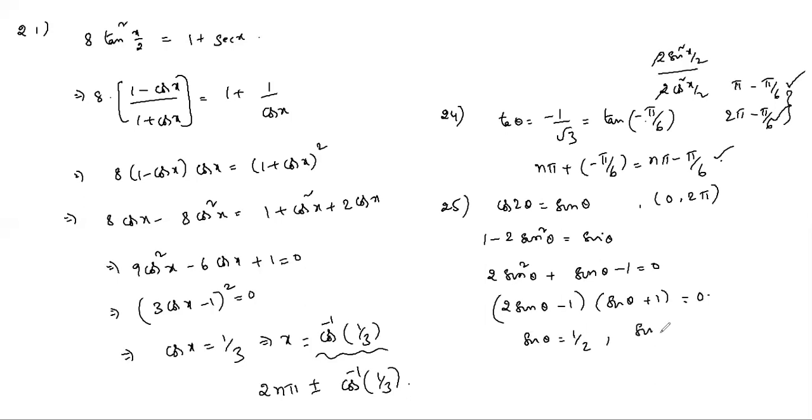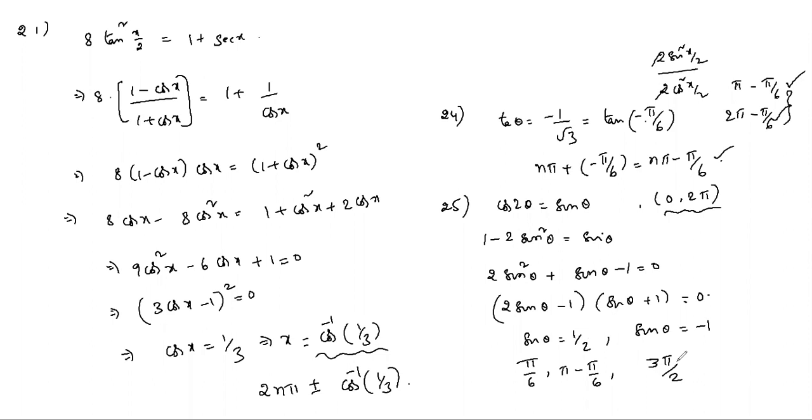Sin theta equals minus 1. Sin theta 1 by 2, between 0 and 2 pi, only the first cycle: first quadrant pi by 6, second quadrant also positive, pi minus pi by 6. Third and fourth are negative. Then sin theta minus 1 gives 270 degrees.